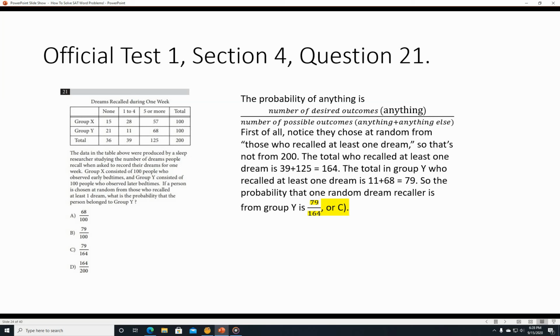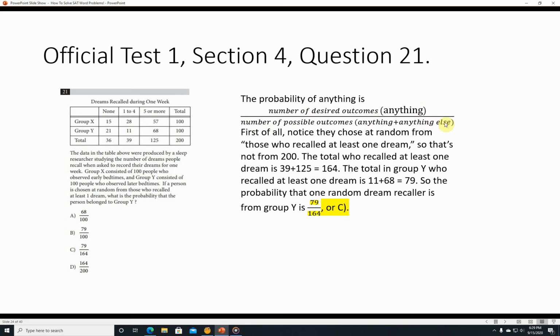Well, the probability of anything is the number of desired outcomes, or the number of outcomes that you're looking for, over the number of possible outcomes. So that would be anything that you're looking for over anything plus anything else.